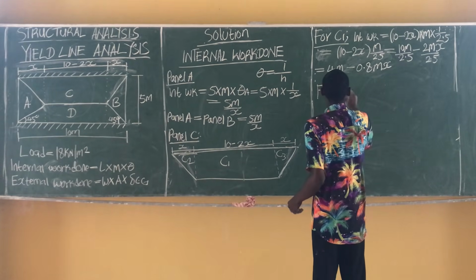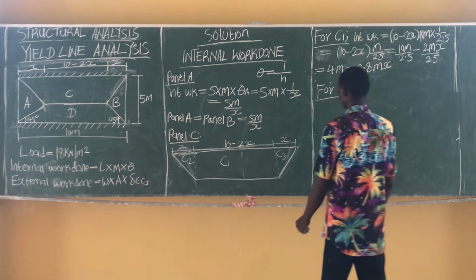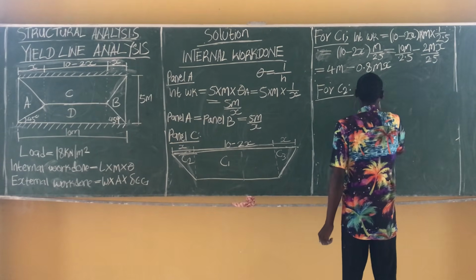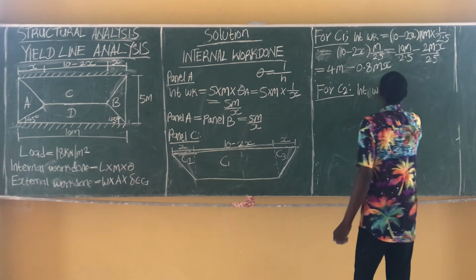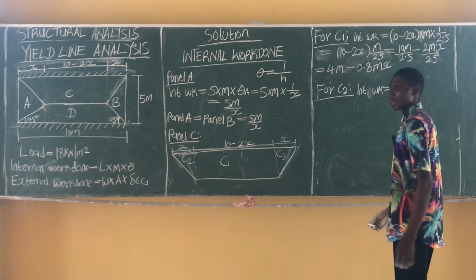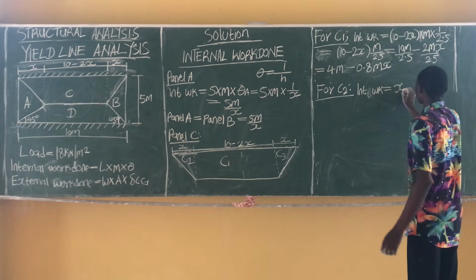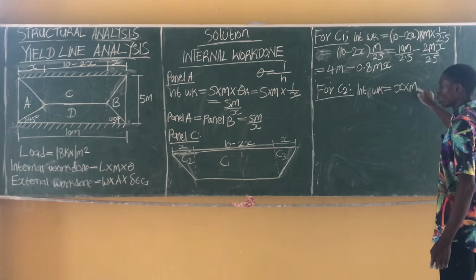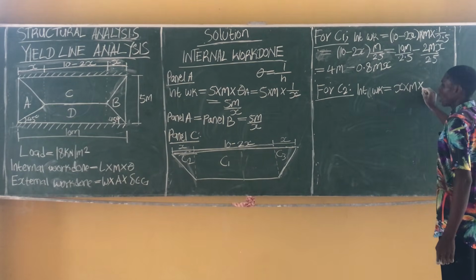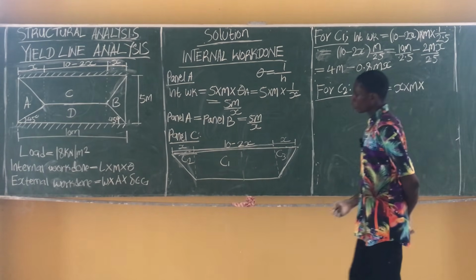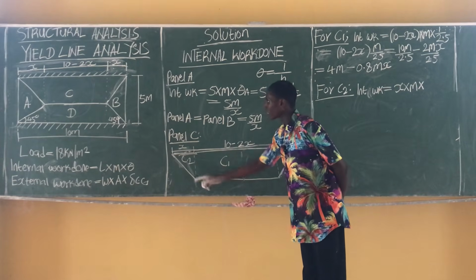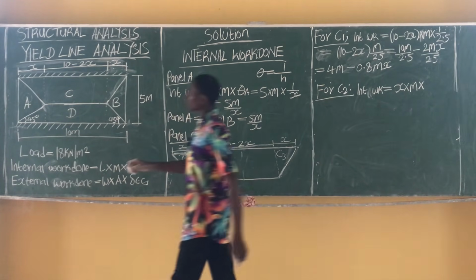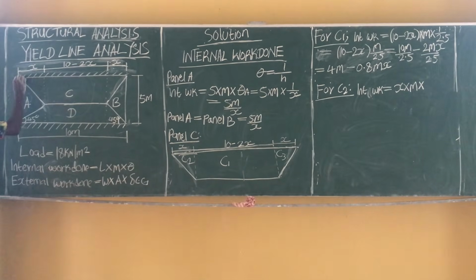So for C2, we have our internal work done equal to length. Our length is x, times the moment, m, which is not given and is what we are looking for, times our theta. Remember, theta is always 1 over the perpendicular distance, and the perpendicular distance is 2.5. So this is the segment we are considering.